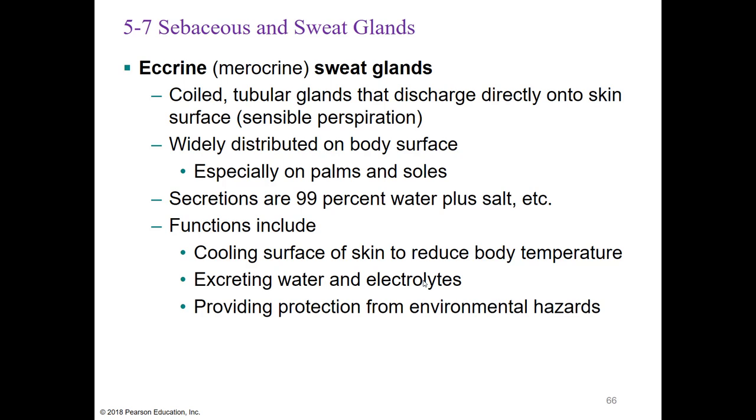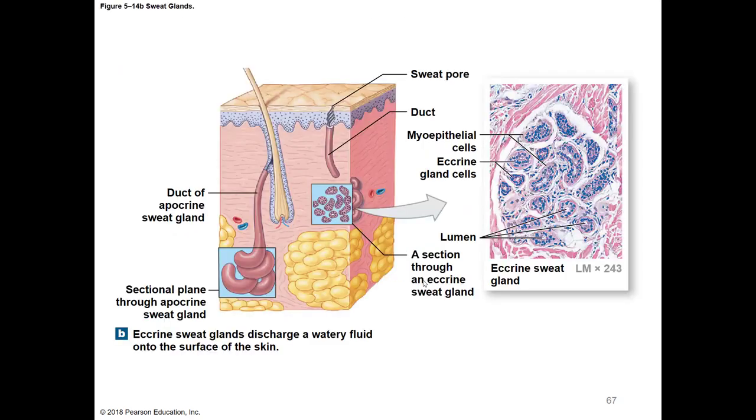So if you get some kind of chemical or any kind of toxin on your skin, sweat can help to dilute it so it's not as dangerous. So that's what we mean by protection from environmental hazards. So here is the merocrine or eccrine sweat gland that releases the non-smelly sweat onto the surface of the skin.